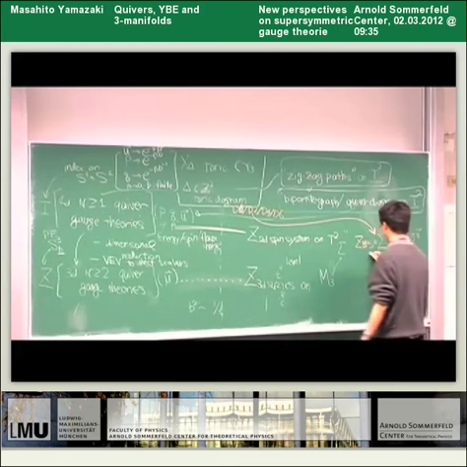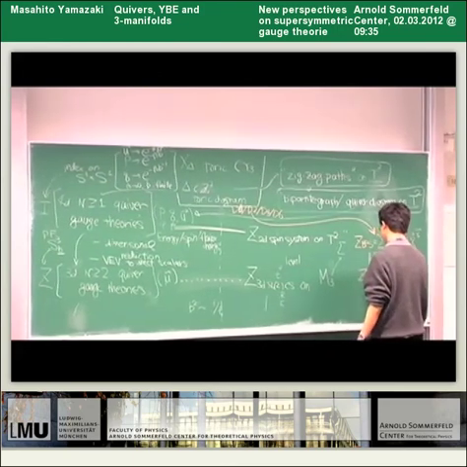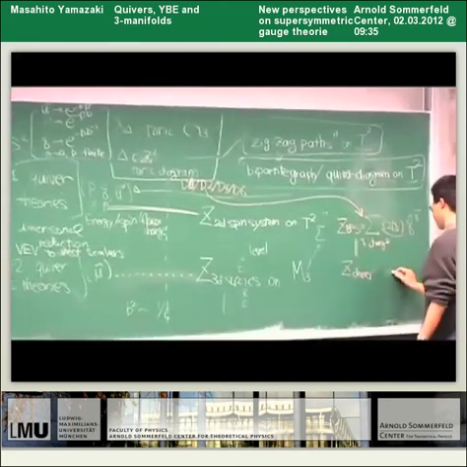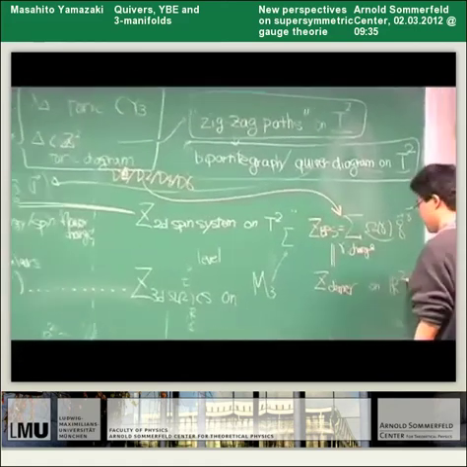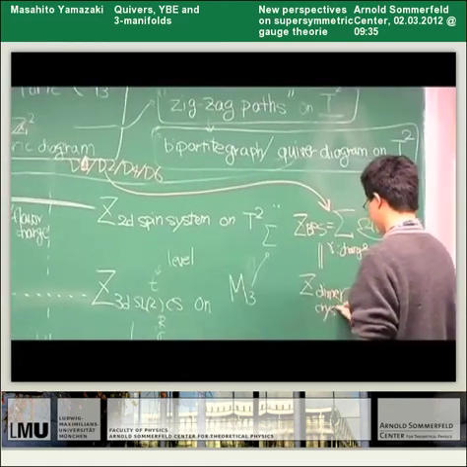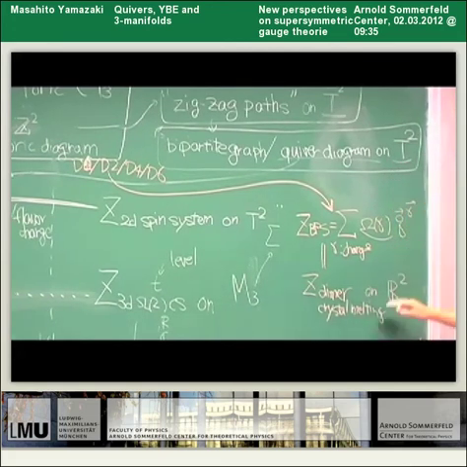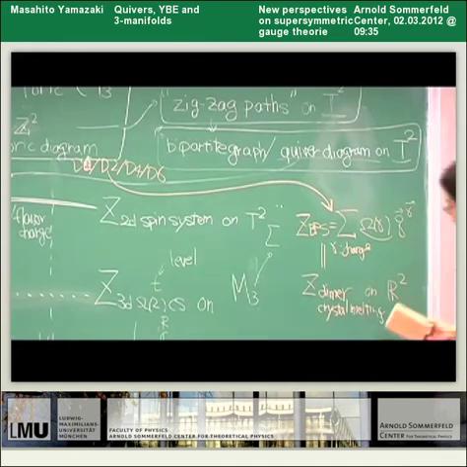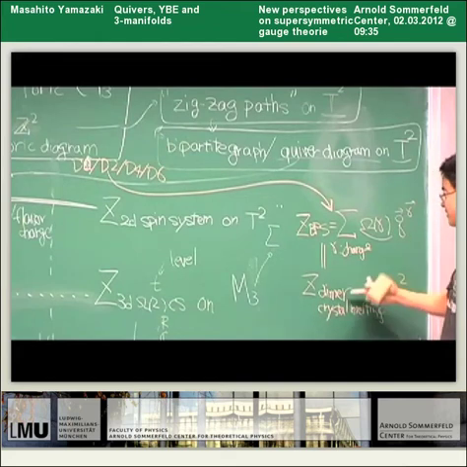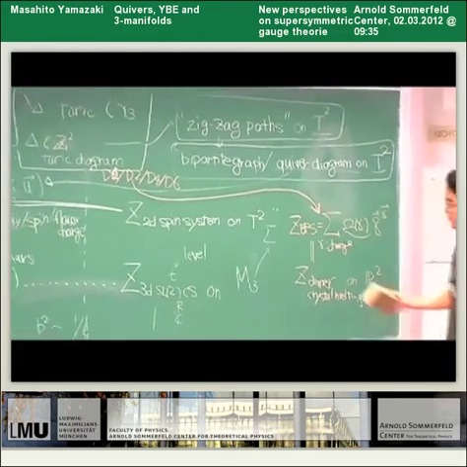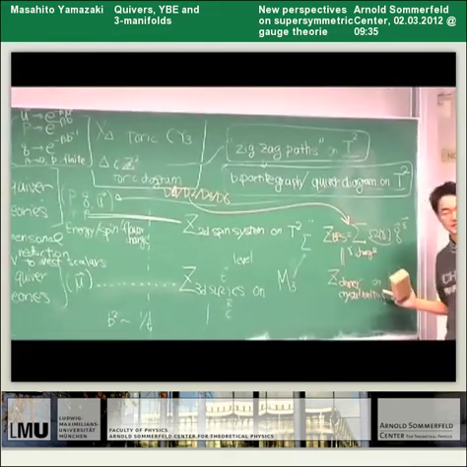And then this is identified as a certain dimer partition function, which is defined on R2, or we call it crystal melting, in honor of Okounkov-Reshetikhin-Vafa. So what we did is just generalize their construction to more general toric Calabi-Yau 3s, but we have a dimer partition function. And this is the same, up to some signs, as the BPS partition function we have shown. So again, we have dimers appearing, and we have the partition function.